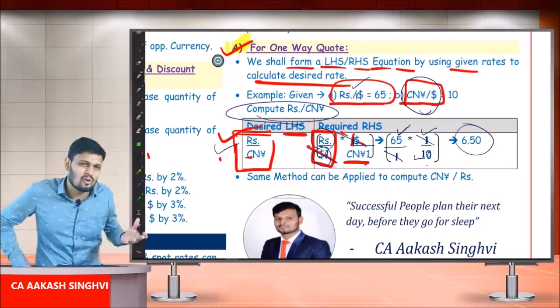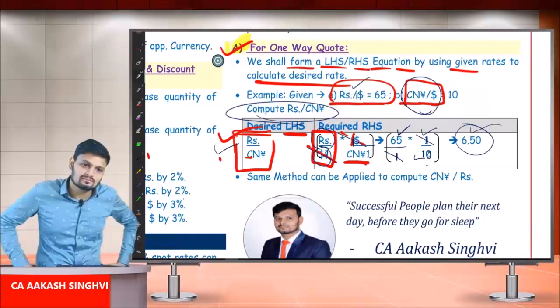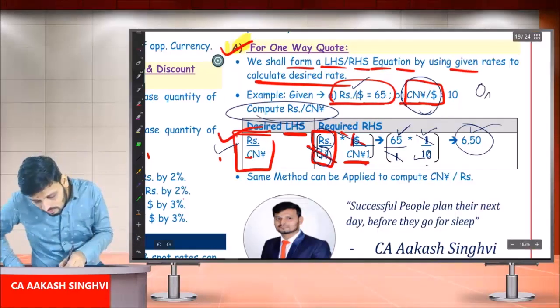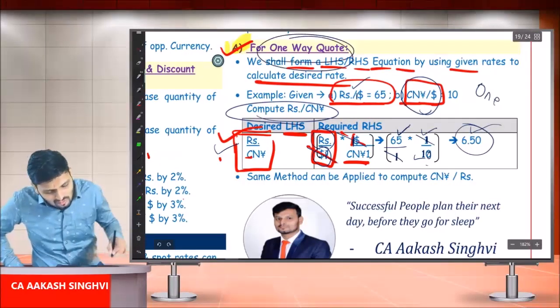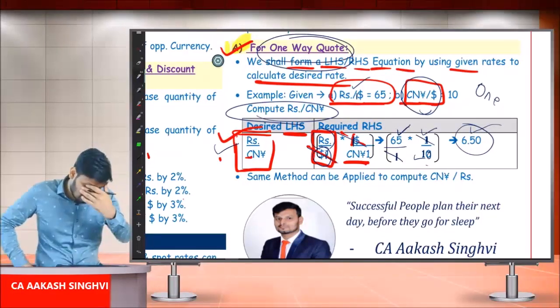So 6.5 will get you the answer of rupees per Chinese yen. This is a cross rate, but here it is only a one-way quote. For a one-way quote, it's very easy. For two-way quotes, we will try to understand how to solve it.